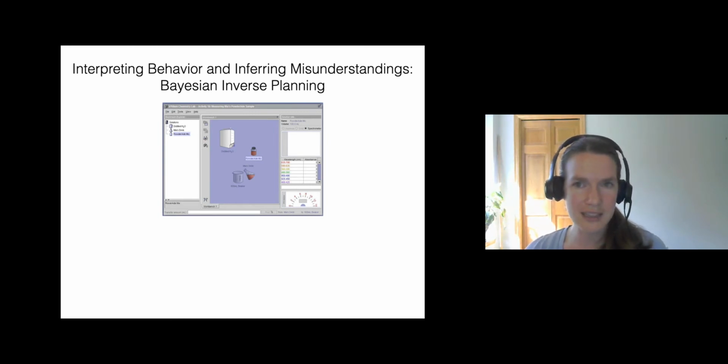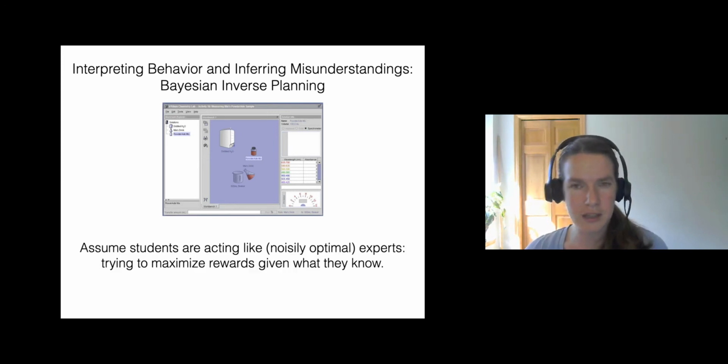So to apply this to the problem of inferring student understandings and misunderstandings, we'll think of students as like those experts. We assume that they're trying to maximize rewards given what they know, but they might have some systematic misunderstandings. So rather than there being only an unobserved reward function, we might have some unobserved beliefs about how an environment operates, and we're trying to make inferences about that in an automated way.